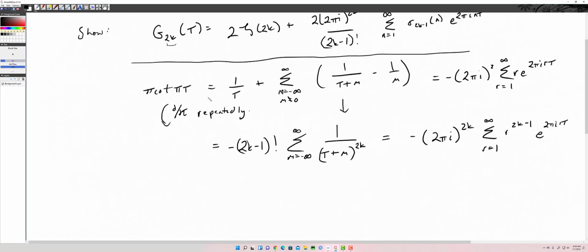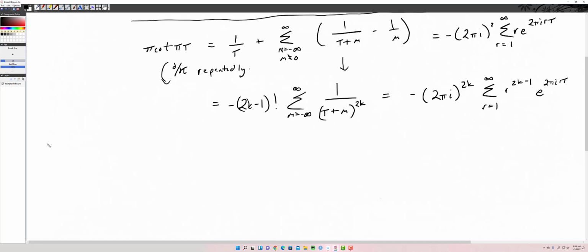Okay. What we want is G2k of tau, which looks like this, with m and n non-zero. We're not looking at the omegas. We're looking at m and n not equal to 0, 0 specifically, of 1 over m plus n tau to the 2k.